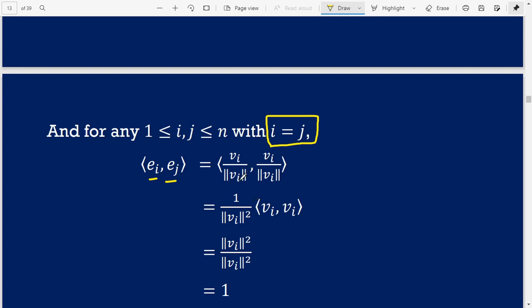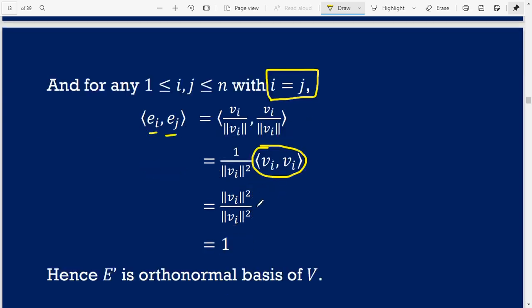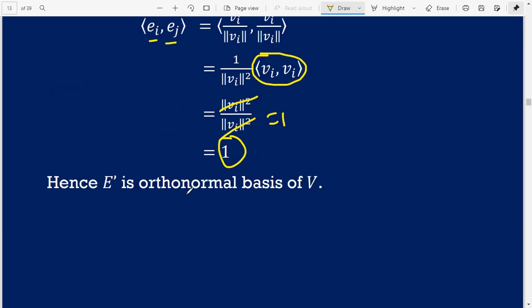So 1 upon norm Vi square into inner product Vi with Vi. So this is equal to norm Vi square, and norm Vi square upon norm Vi square cancels out, so it is equal to 1. Hence E dash is an orthonormal basis of V.